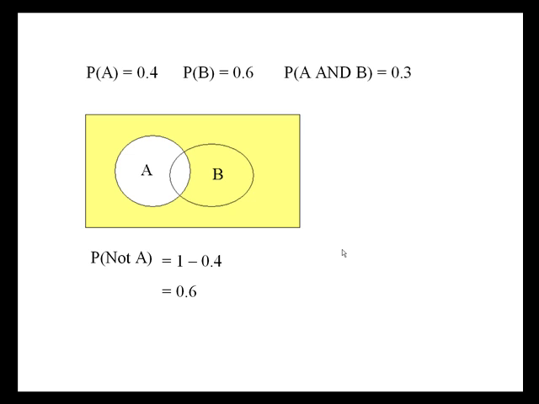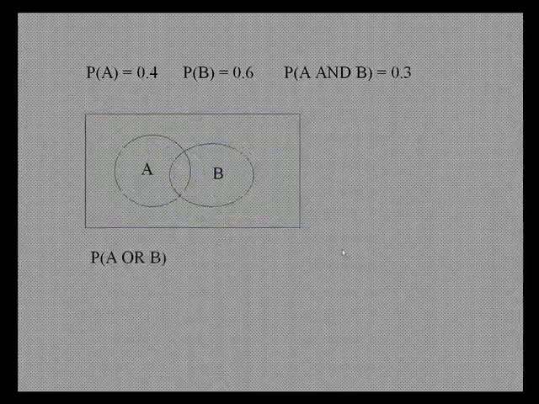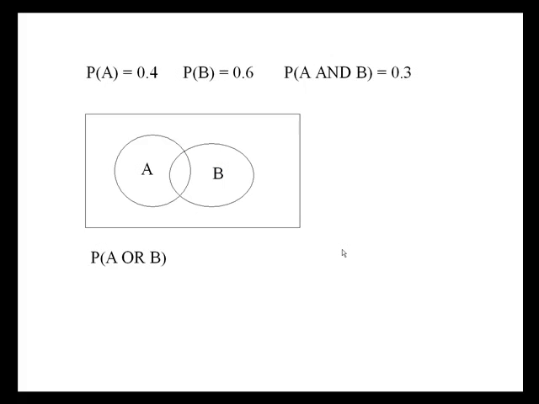Let's look at another one. What is the probability of A or B? Now the or, it's not an exclusive or. The or means the probability of A, or maybe B, or possibly both. So the or just says that as long as you satisfy at least one of them, you're fine.